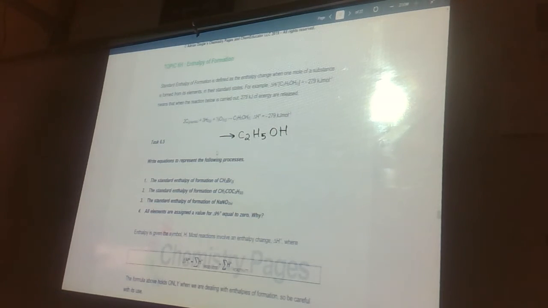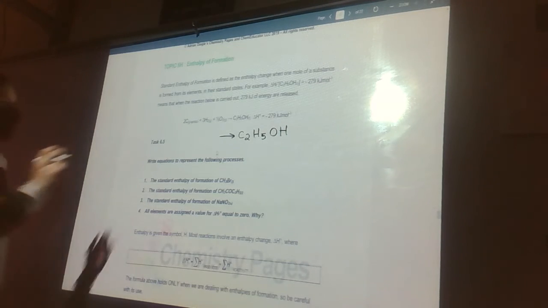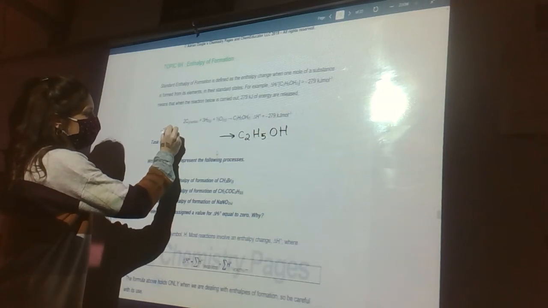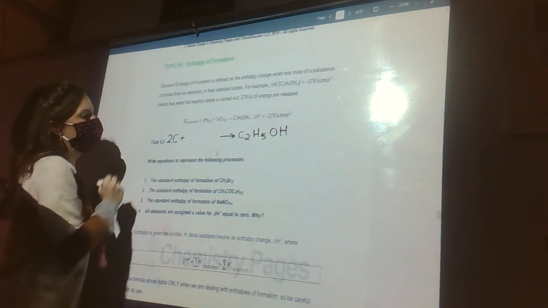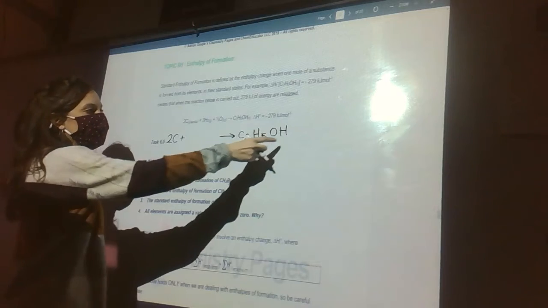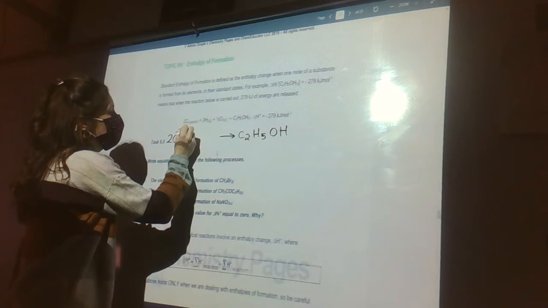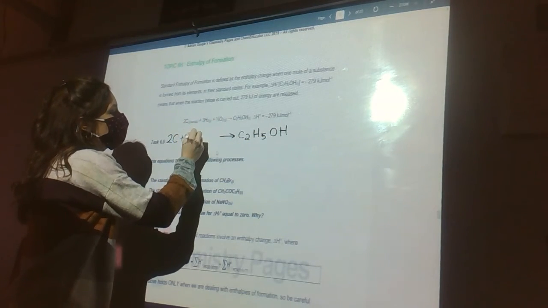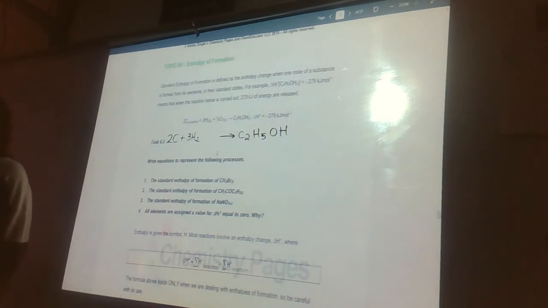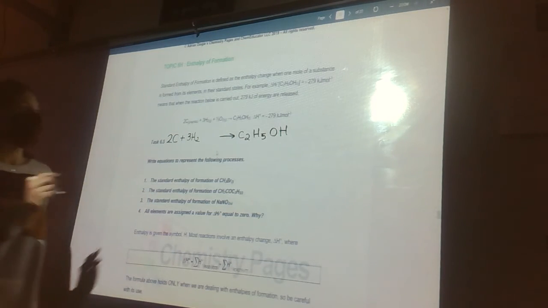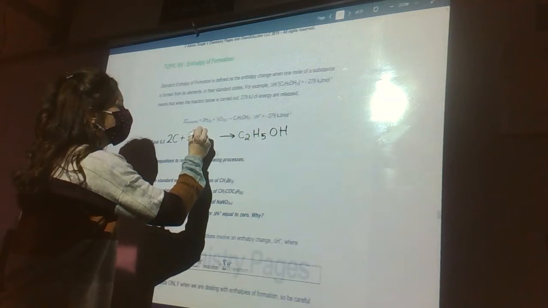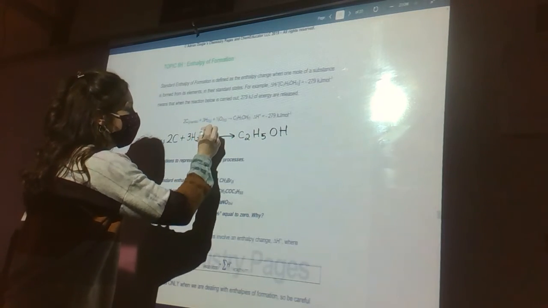And when I say enthalpy of formation, I mean literally from the elements. It could be diatomic, but otherwise it's a single element. So carbon is a single element. It's not diatomic, so we just put 2 carbons. Plus, hydrogen is diatomic. There are 6 of them, so 3 H2s. Oxygen, and there's a single oxygen, but it's diatomic, so we need half of an O2.